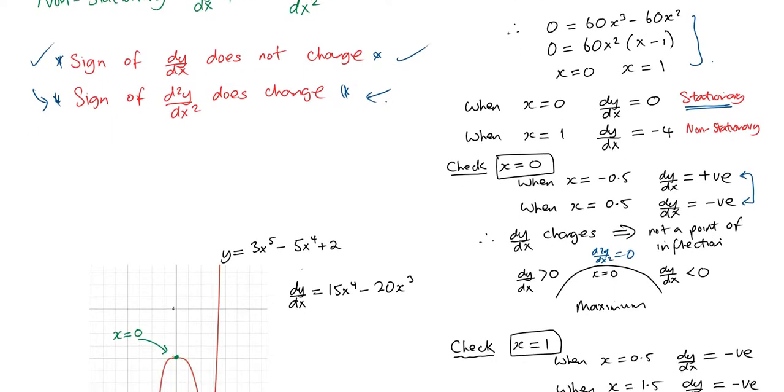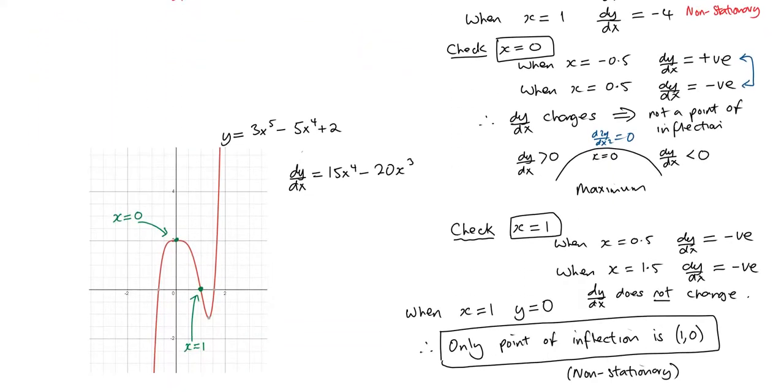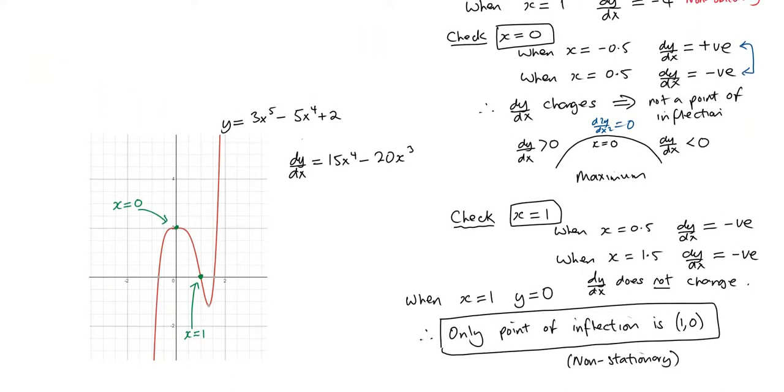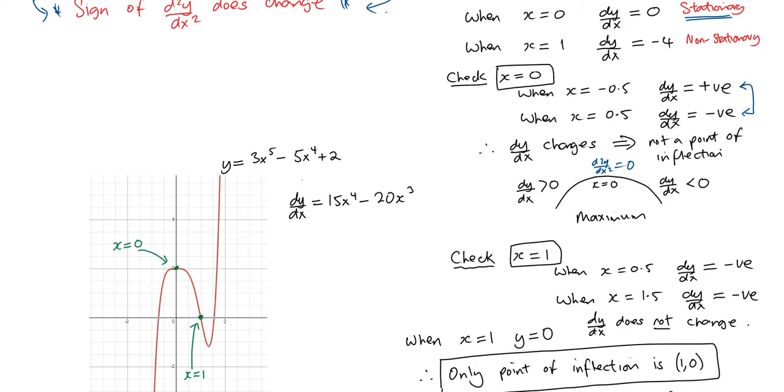Now if we check the next point, when x equals 1, we find that dy by dx is not equal to 0, it's equal to -4, so it's non-stationary. But is it a point of inflection? Well, we'll check.